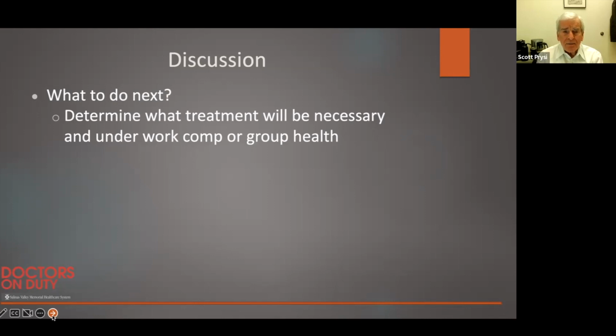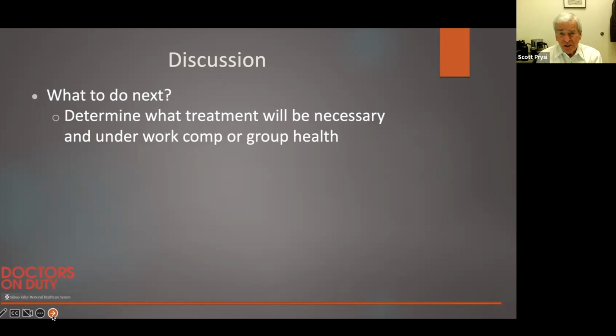Now, in work comp, if there's a claim on delay, then under work comp regulations the payer is required to pay up to $10,000 for any treatment that meets MTUS guidelines, the guidelines we're expected to follow.